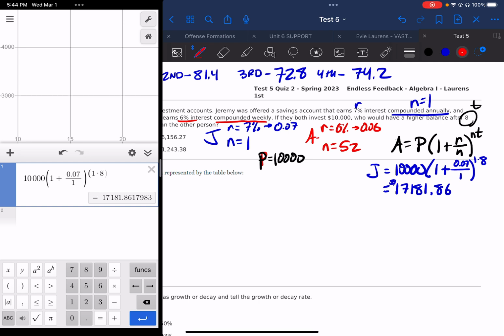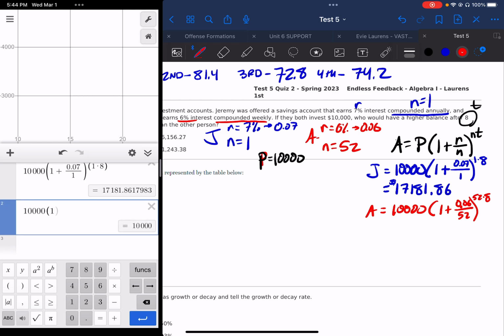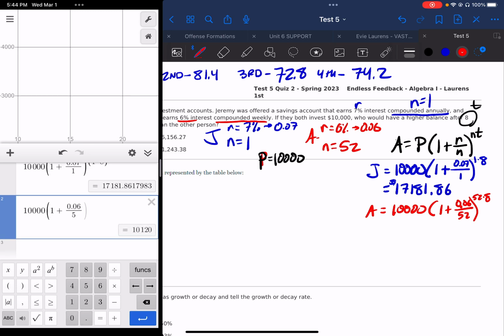We'll do the exact same thing for Ashley. Hers sets up the exact same way, $10,000 in the bank. 1 plus her rate was 0.06, but she's compounded 52 times per year. So then I have 52 underneath the fraction and 52 times 8 in the exponent. Let's see, 10,000, and then 1 plus 0.06 over 52.